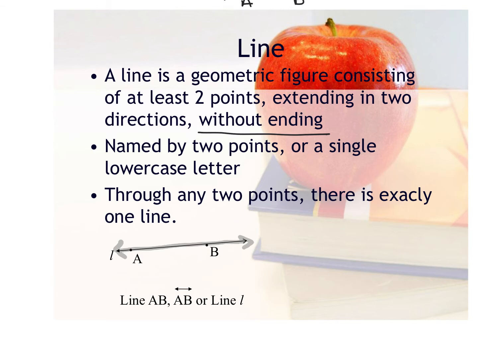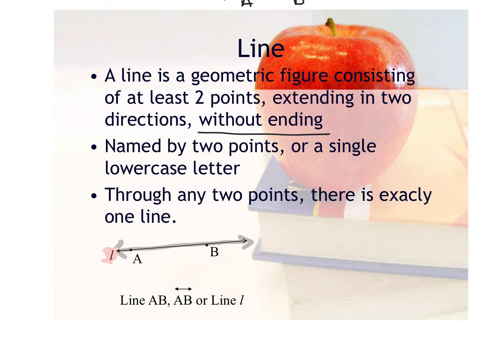So I can name this line, and this over here is a lowercase letter L. I know it looks sort of like a 1, but this is a lowercase letter L in italics. So whenever there's an italic lowercase letter, you can also name a line by using that lowercase letter.